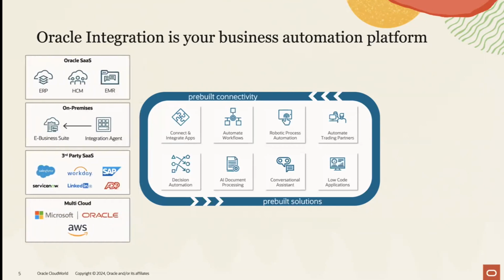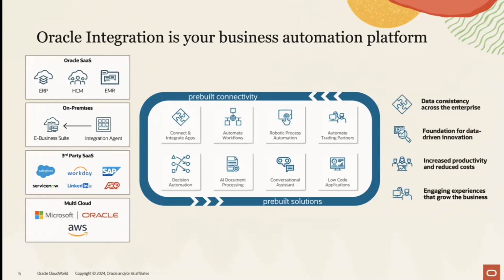Now, what this platform essentially enables you to do is connect to all these systems and services, irrespective of where they are available, where they are providing their functionality from. And that enables you to build applications which are consistent in data across the enterprise.